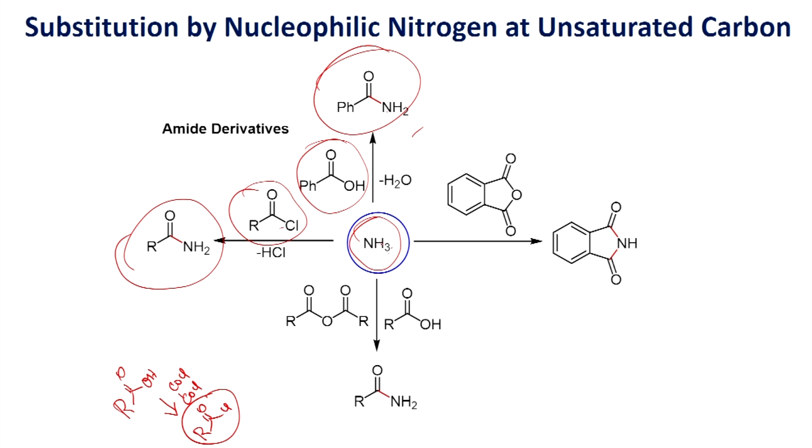Here the reaction of ammonia is shown, and it can undergo substitution reaction. You will be able to get this amide as a product, where you generate HCl as a byproduct. It is a very simple addition reaction.